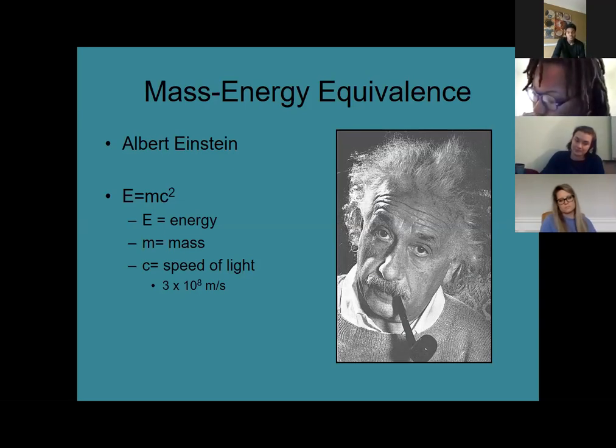So a very small amount of matter, such as the nucleus of the atom, if accelerated to the speed of light squared, can be converted into a very, very large amount of energy, because the speed of light squared is a huge number. So a very small amount of matter, if converted to energy, would create a very large amount of energy. And that was Einstein's theory.